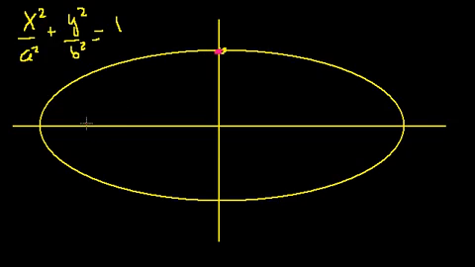Now we said that we have these 2 foci that are symmetric around the center of the ellipse, right? This is F1, this is F2. And we've already said that an ellipse is the locus of all points, or the set of all points, that if you take each of these points' distance from each of the foci and add them up, you get a constant number. And we figured out that constant number is 2A.